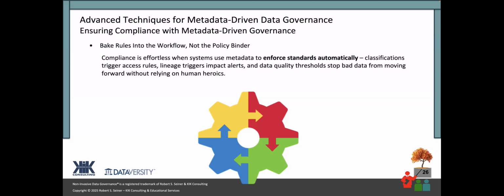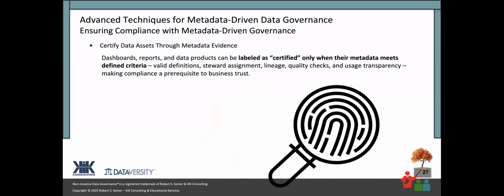So again, baking the rules into the workflow and not putting them in a policy binder that you have sitting on your counter or on your shelf. Activate your metadata by baking it into the workflows. Certifying data assets through metadata evidence.